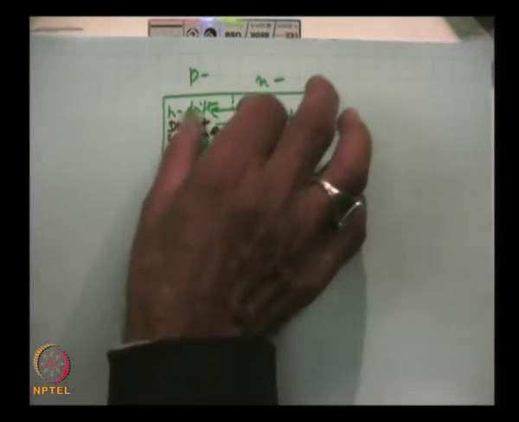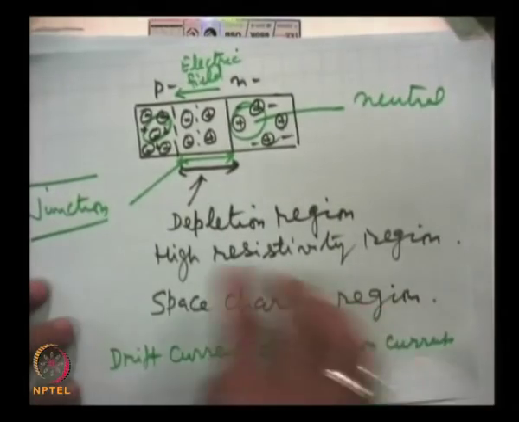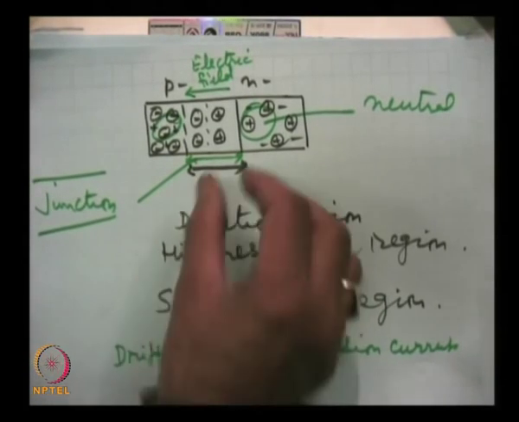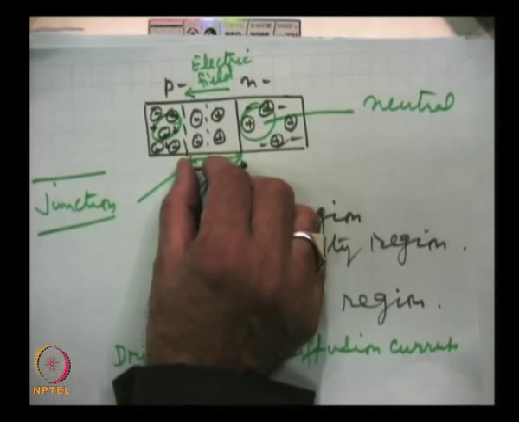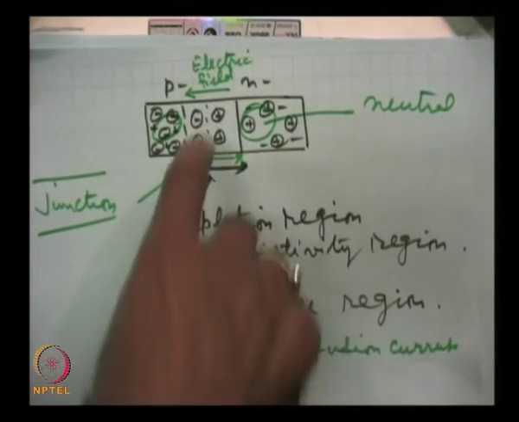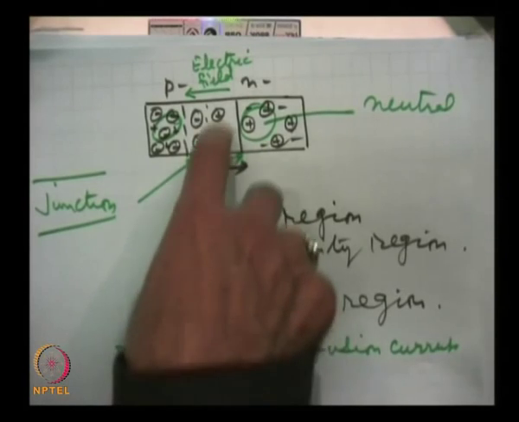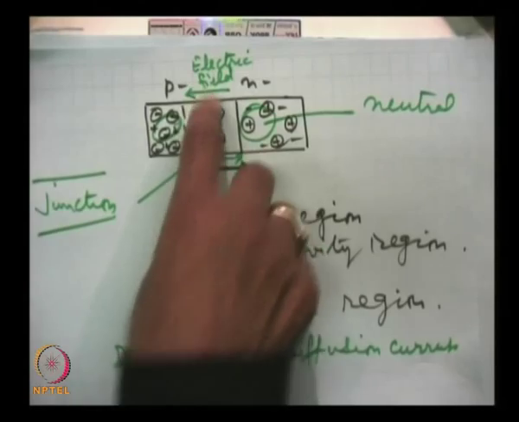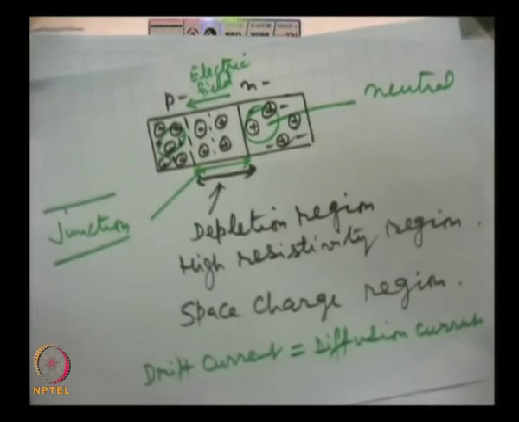So, we will remember the properties of the junction, which is called a depletion region. We can find out the width of the depletion region. A space charge region gives rise to an electric field. What is the amount of electric field?